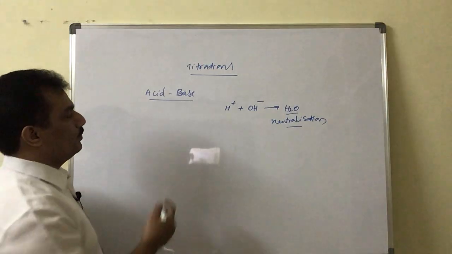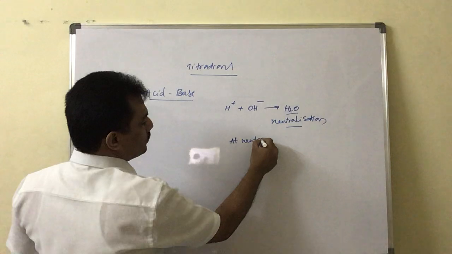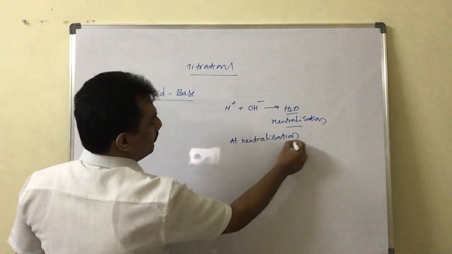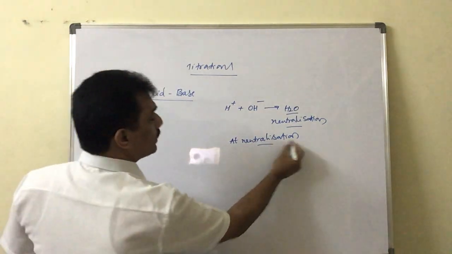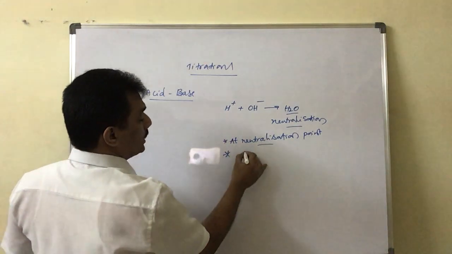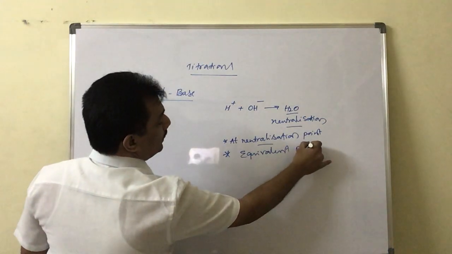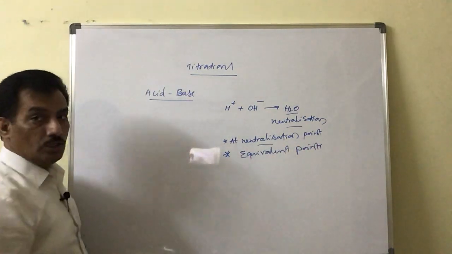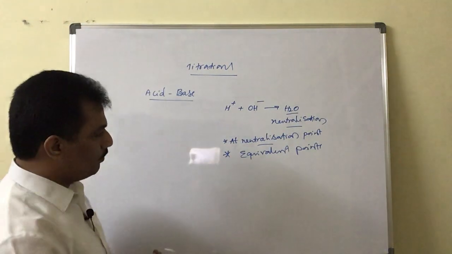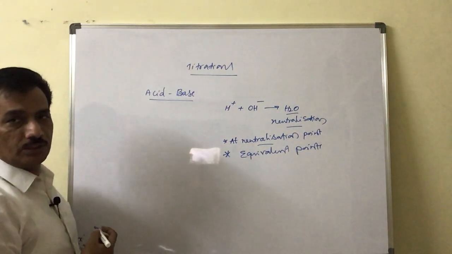Clear? Now, at the neutralization point in titrations, we find two types of phenomena. One is the neutralization point and the other is the equivalent point. Again, it is related to equivalent weights. Neutralization point and equivalent point. First let us know about the equivalent point.